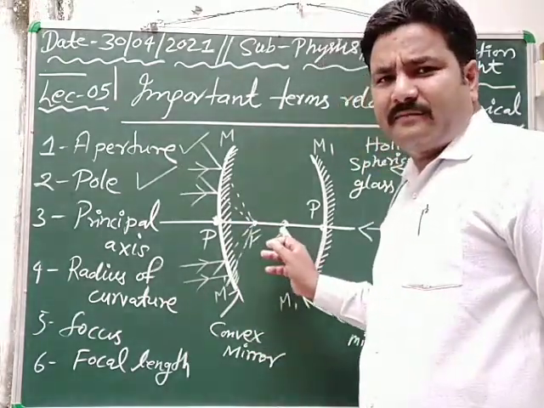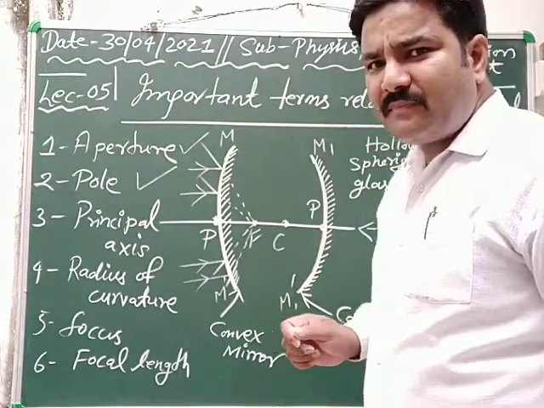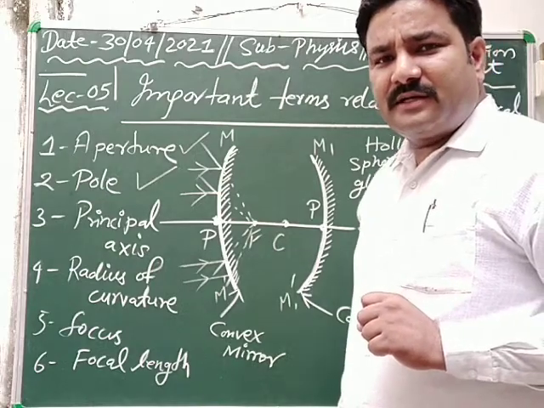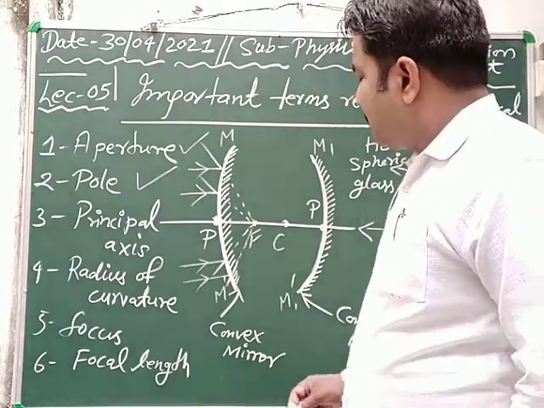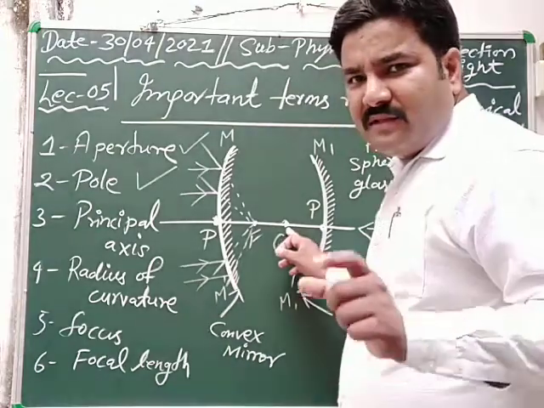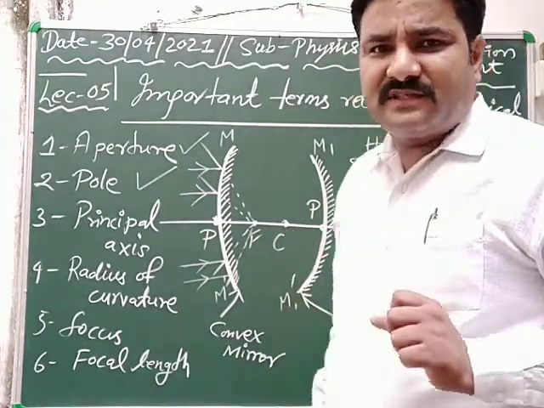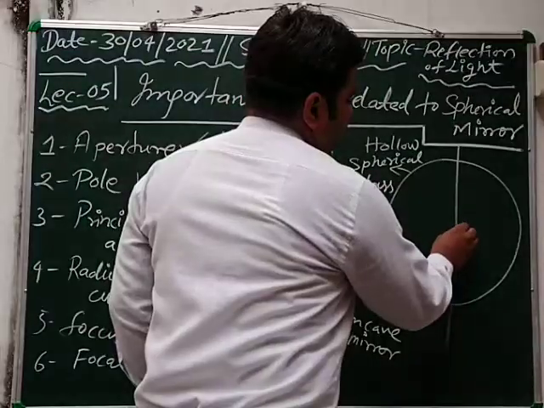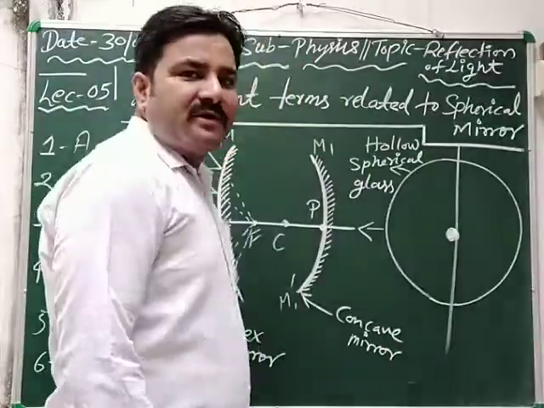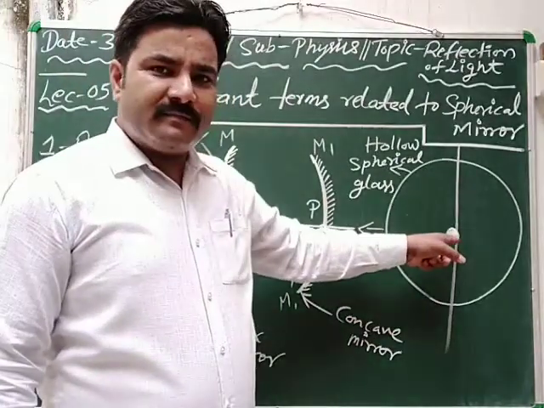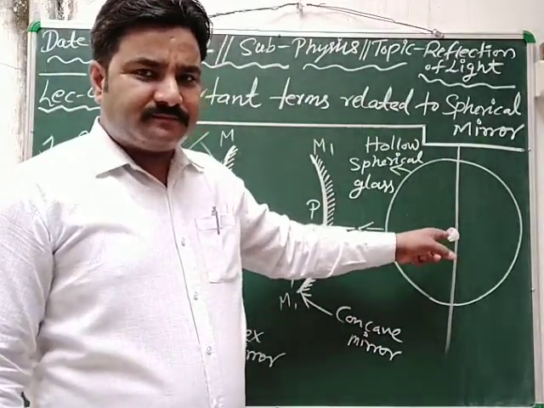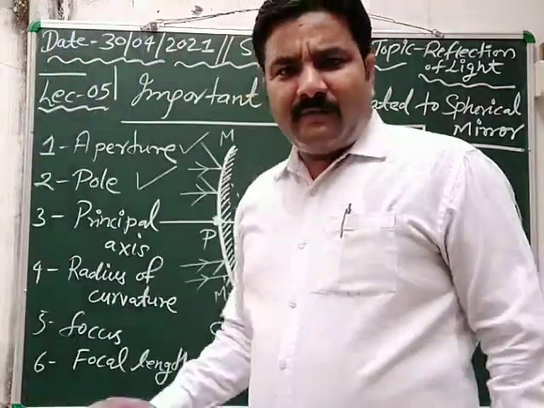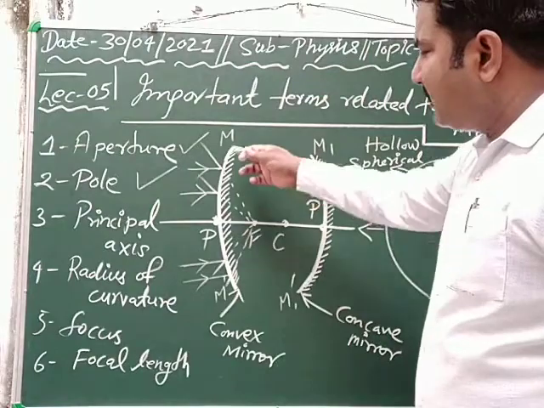See how to define, very easy. This is the center point of the hollow sphere, just like this one. This is the hollow sphere, and this is the center point of this hollow sphere, from which the mirror is obtained.